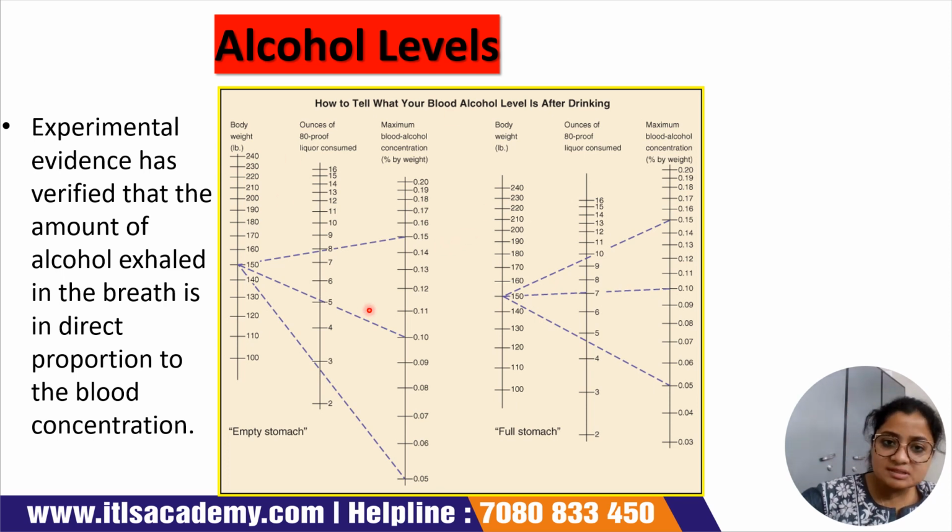But the same person, with the same weight, when having alcohol on a full stomach, in fact more alcohol, here it's 8 and here it's 10 ounces of alcohol, will have the same alcohol concentration only.